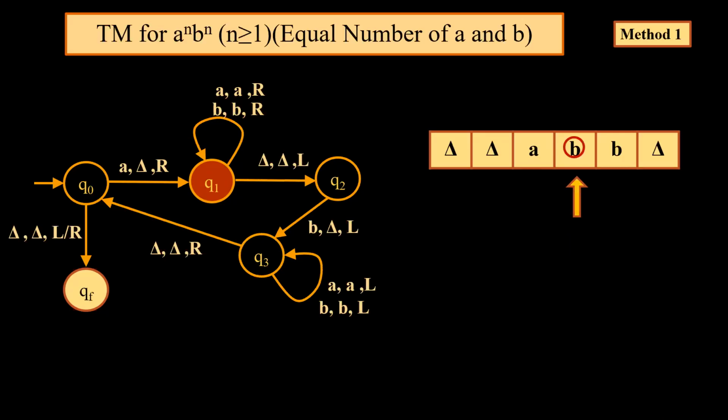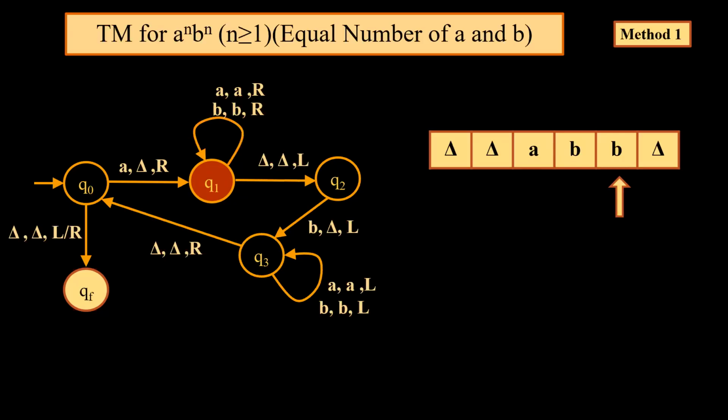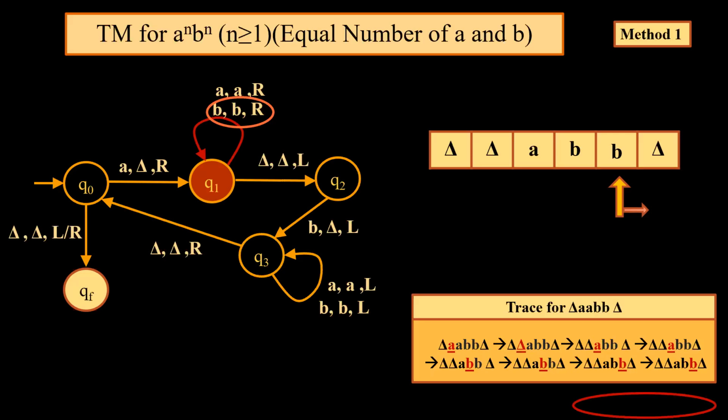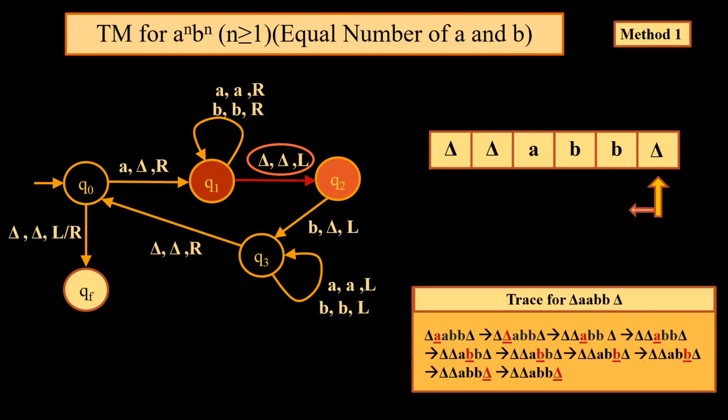We come across B. We say if it is B, don't change it and move towards right. We now again move towards the next move. We have B, no change, B, B, R, move towards right. This process continues until we go to the end marker on the right side, which is delta. The moment we come across delta, we keep it as delta and we move towards left one cell.